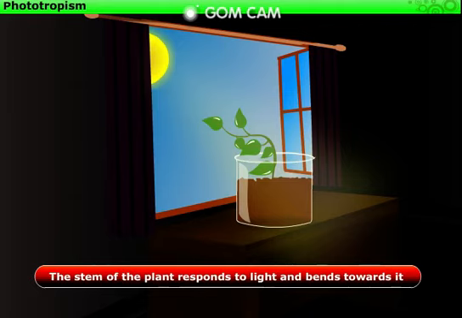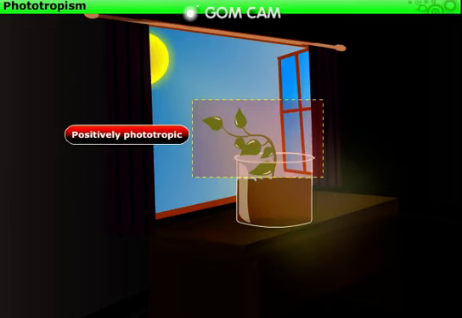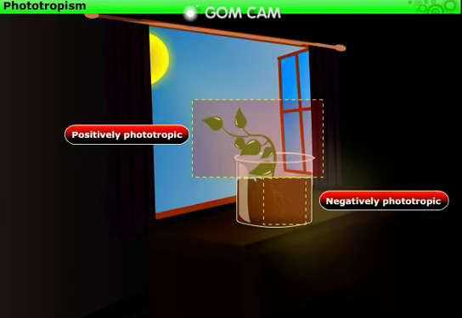Even the leaves of the plant bend towards the sun, so as to obtain the maximum sunlight. Thus, the stem and leaves of the plant are positively phototropic, while the roots of the plant are negatively phototropic, because they grow away from the light.